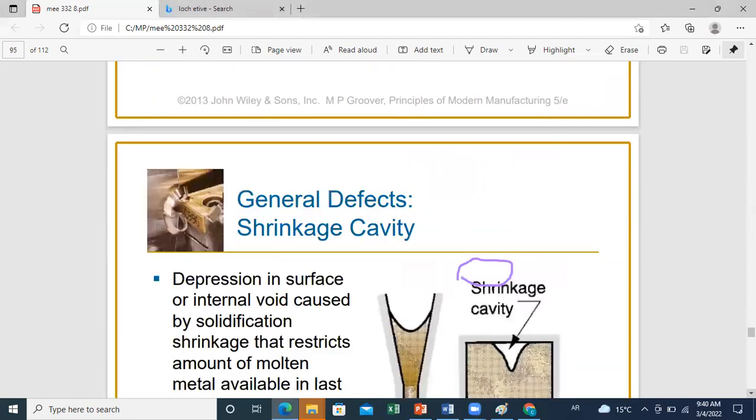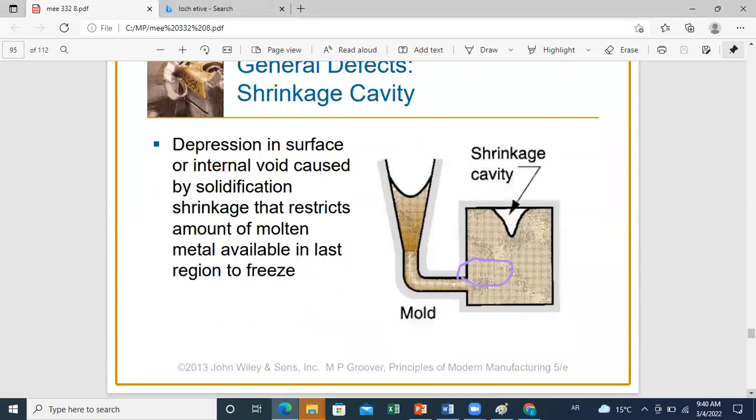Another type of defects is shrinkage cavity. As you can see, the majority of defects are close to walls because of the fast solidification near the wall, which will not allow molten metal to reach subzones. So we can observe shrinkage cavity, which is a depression in surface or internal void caused by solidification shrinkage that restricts the amount of molten metal available in the last region to freeze.